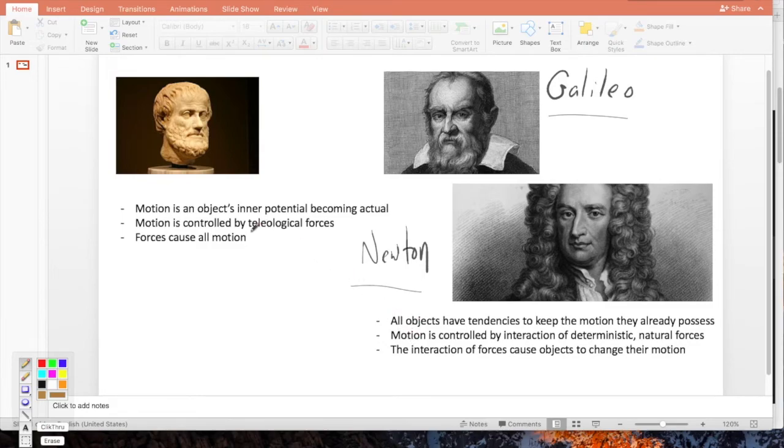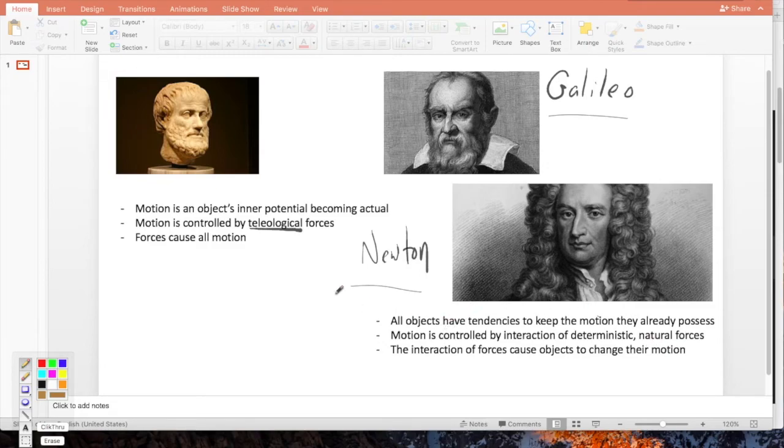Instead of being controlled by those teleological forces, those natural pre-programmed goals or ends, if something possesses more of the earthy element, then it's going to fall to the earth. Things like this, very odd, kind of strange, almost supernatural ideas. They said, no, we can determine and calculate how forces control motion.